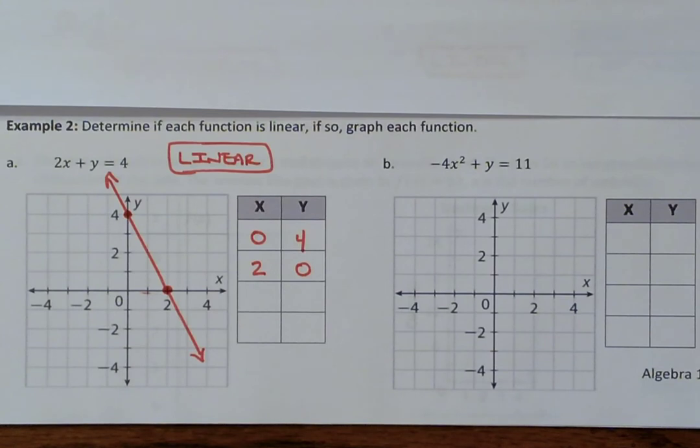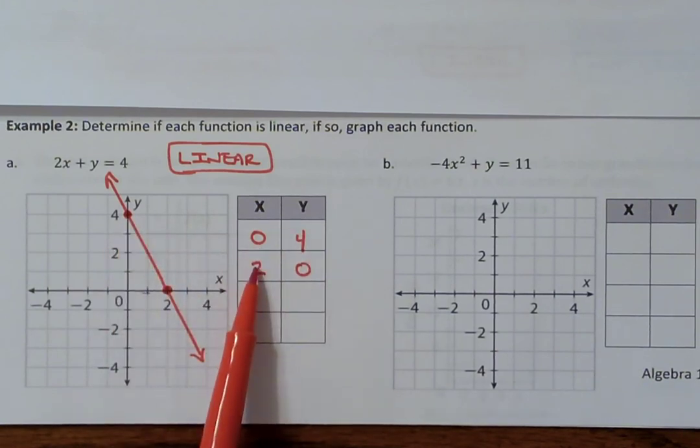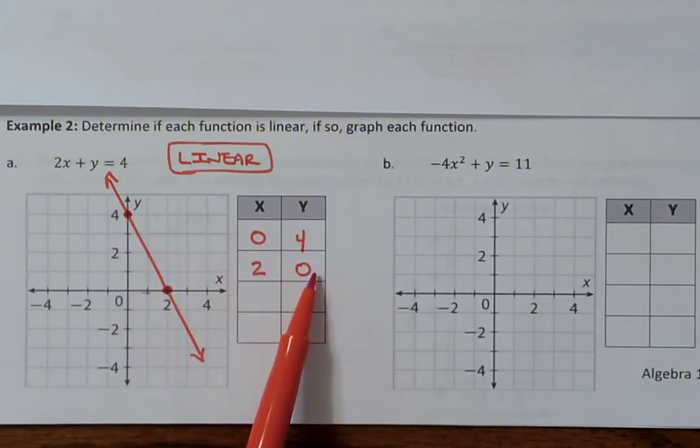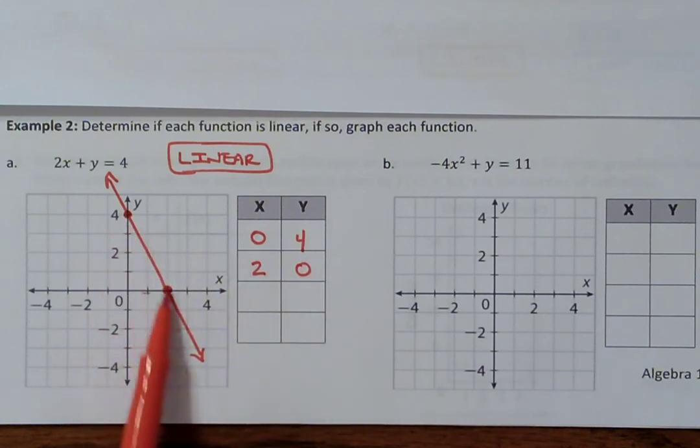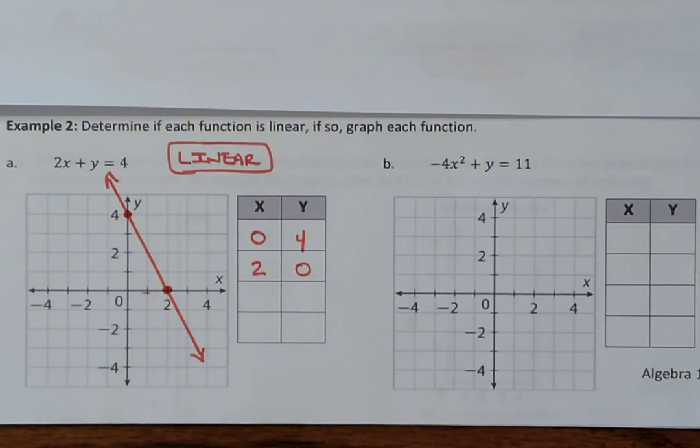So that is the graph for my answer for part A. I plugged in 0 and 2 to find my y values for my 2 points, plotted my 2 points, and drew my line. Is this a line? Yes, it is a straight line, which matches the fact that this is linear.